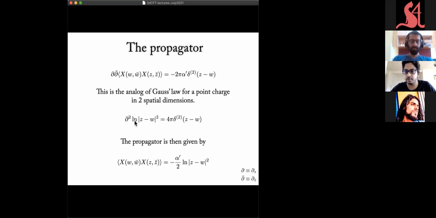You have noticed this log potential also in the matrix model lectures, and it is also something which appears over here. So this equation is essentially solved by the log, and up to some extra factors, the propagator is then given by the log of z minus w.